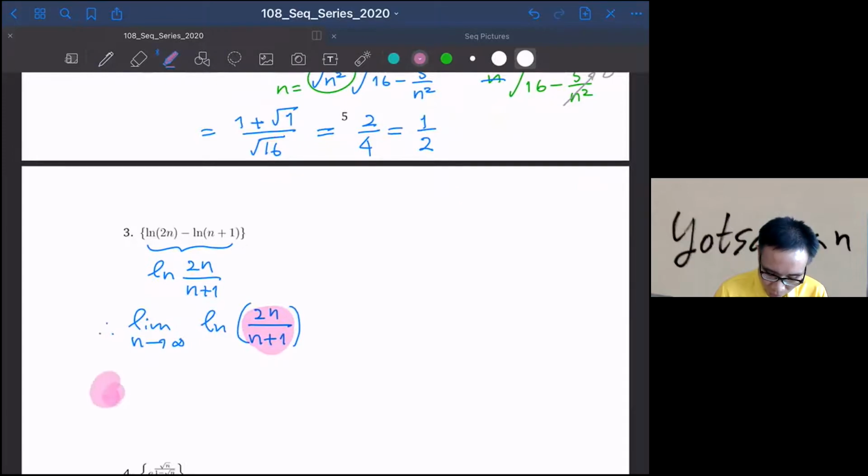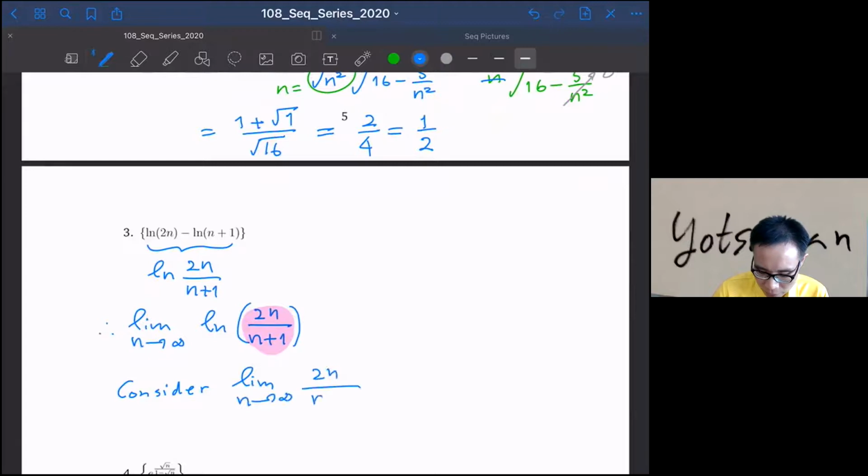So we consider the limit as n goes to infinity of 2n over n plus 1, and here you can use L'Hopital a little bit, so it's going to be 2 over 1, which is just 2.